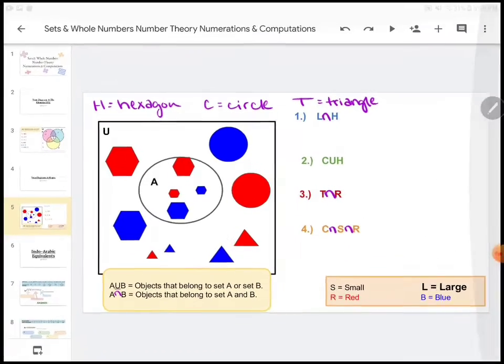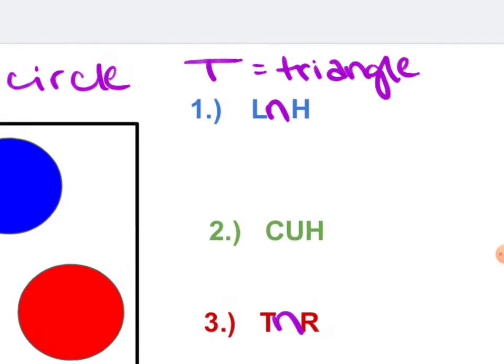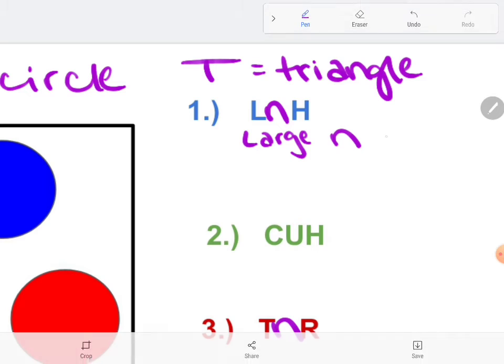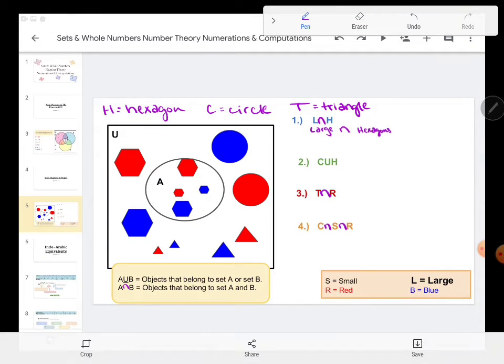Now when we look at our problem, we have L N H, which means, if we break this down, we know that L would mean large shapes, and H would mean hexagons. Now if we compare large and hexagons, we look back at our notes, we'll notice that we're looking for objects that belong to set A and B. So large hexagons.